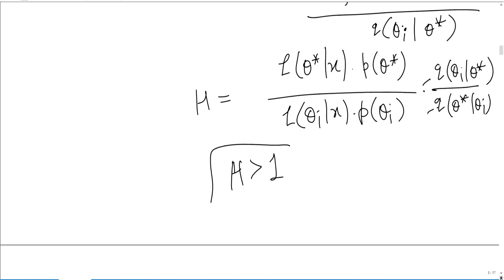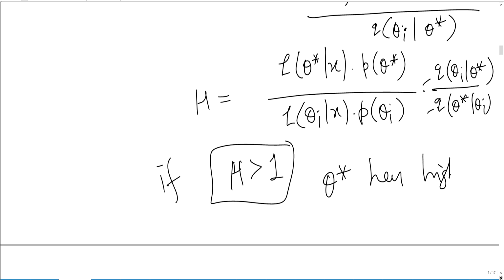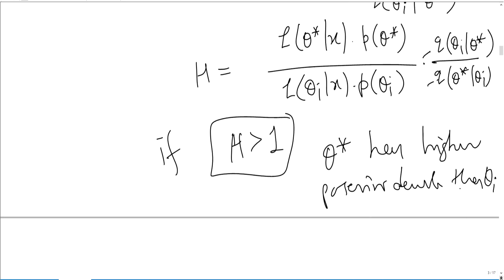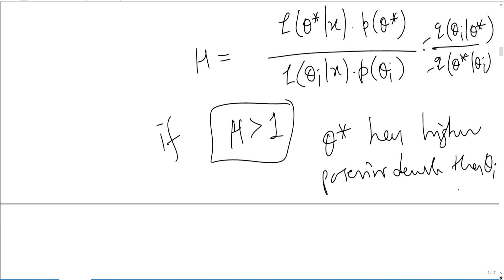If h is greater than 1, that means theta star has higher posterior density compared to theta I. That's what it means. And if theta star has higher posterior density, we should accept it. So, in that scenario, we should accept theta star. So, that is the role of h.